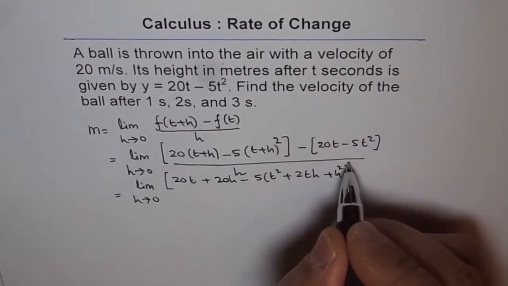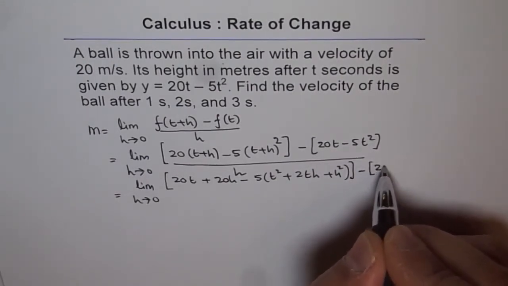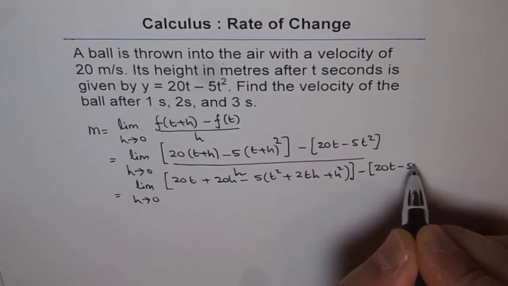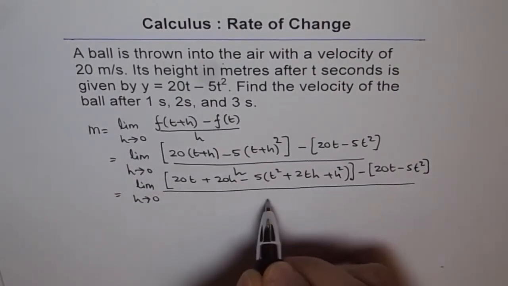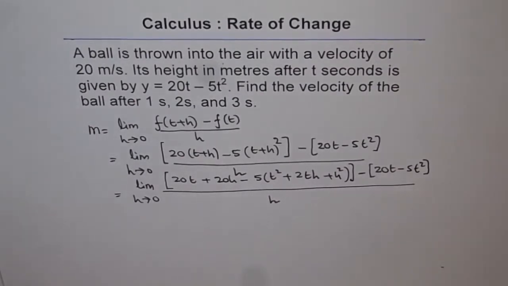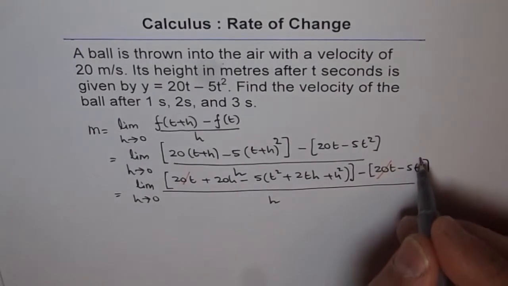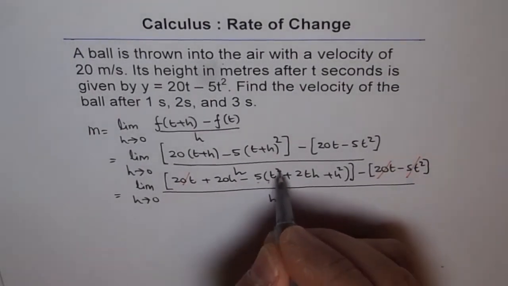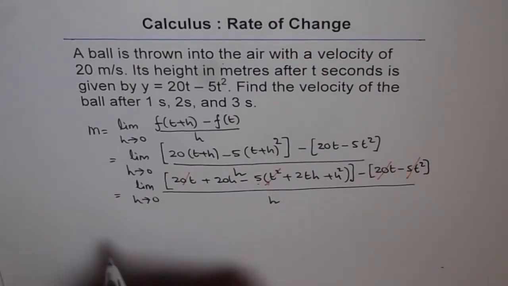So this is the first part. Minus, here we have 20t minus 5t squared, divided by h. Now, as you can see, 20t and 20t is 0, and 5t squared and 5 times t squared will be 0. So the rest of the terms are remaining for us.